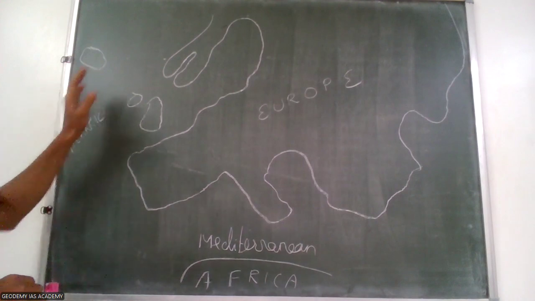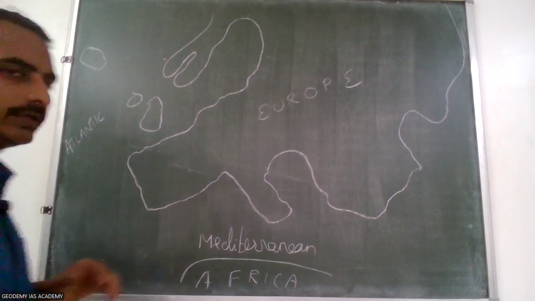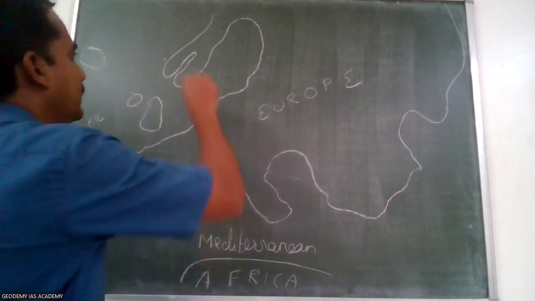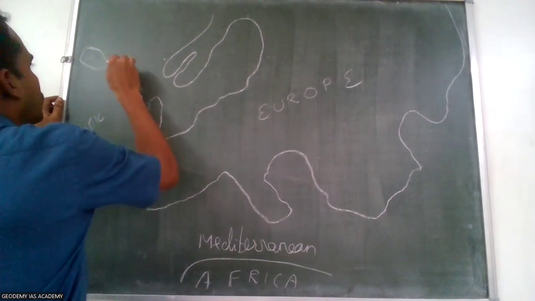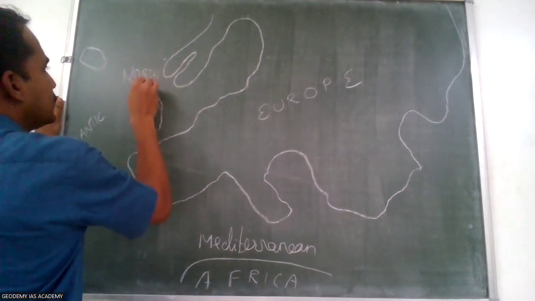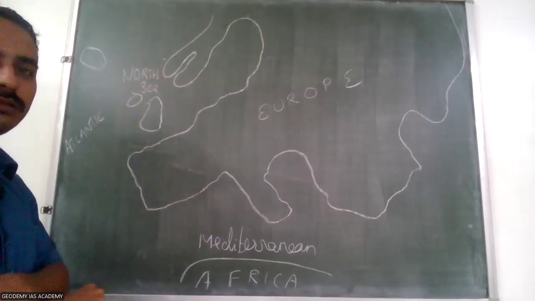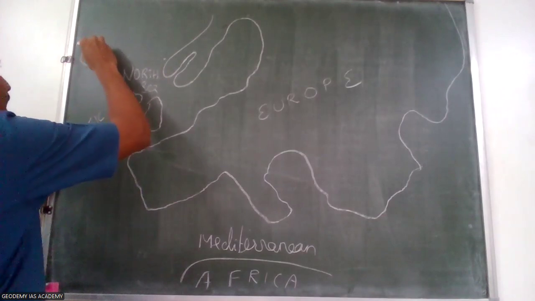And many marginal seas are located in this region. One is the North Sea, between Norway, Sweden, and that region and the UK. And this island is Iceland.